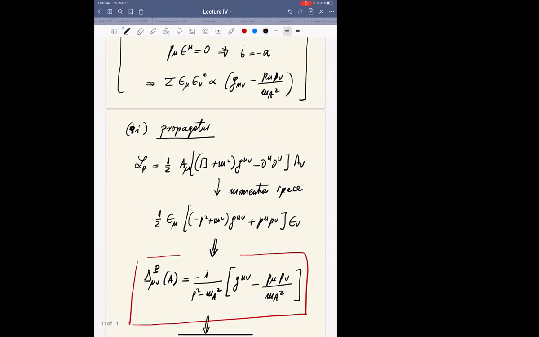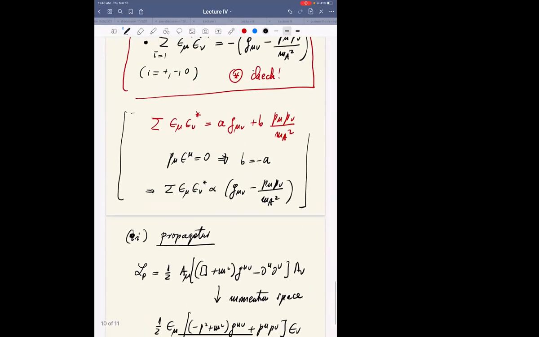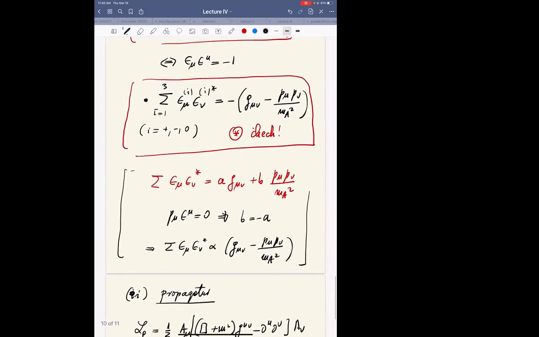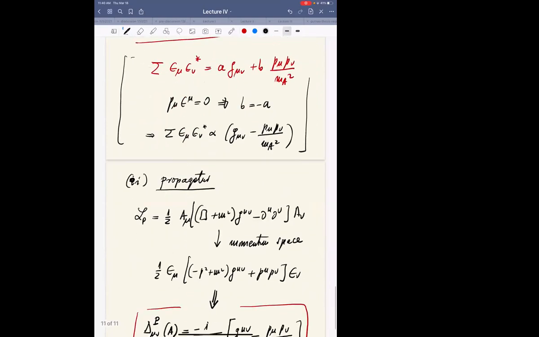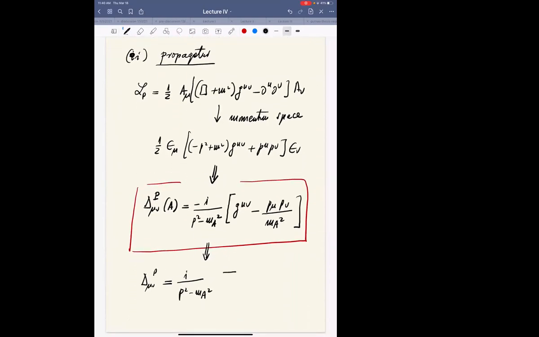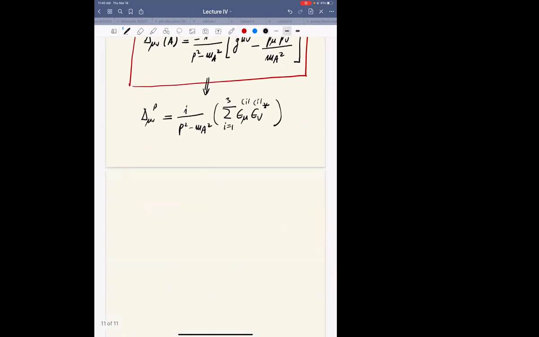Then I go back and I see that this tensor, g mu nu minus p mu p nu over m squared, is actually the sum of the polarizations over these three polarizations, a very interesting result. But I could have guessed that.